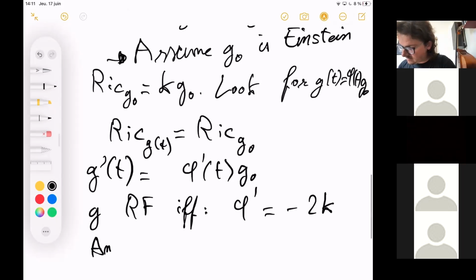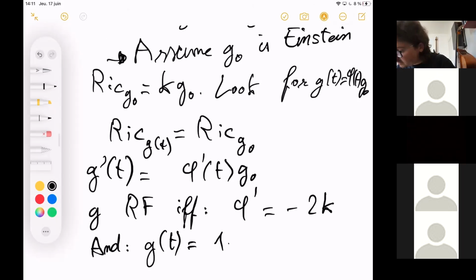And so that tells us that if we want to have G naught as the initial condition, G of t will be equal to 1 minus 2kt times G naught.